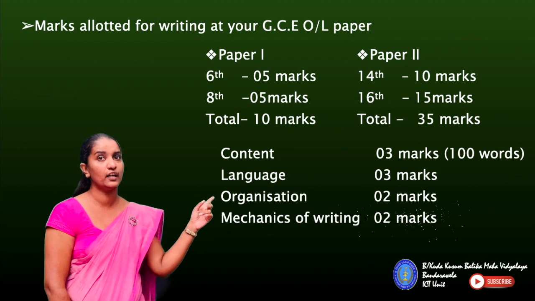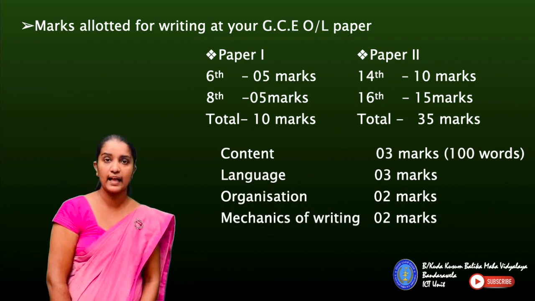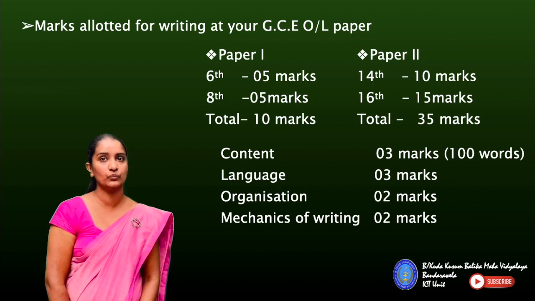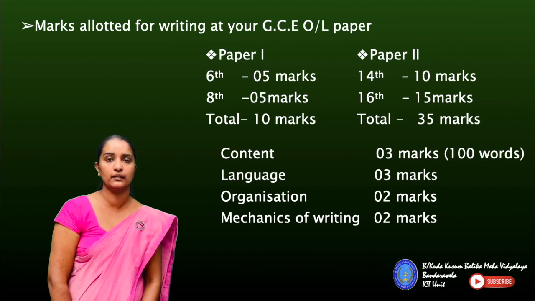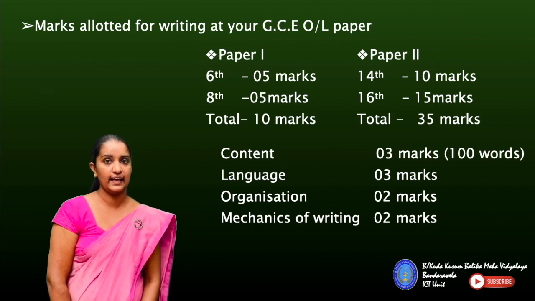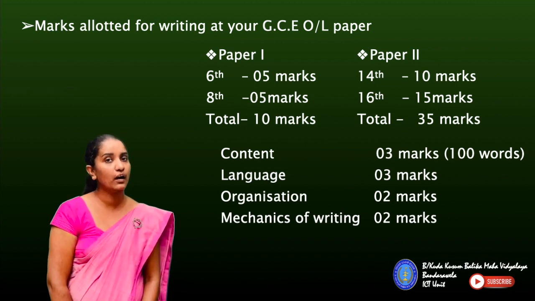For content, you are given 3 marks, language 3, organization 2, and mechanics of writing 2. So altogether there are 10 marks. Out of 35, 10 marks is very, very important. So you should learn how to interpret a graph correctly.